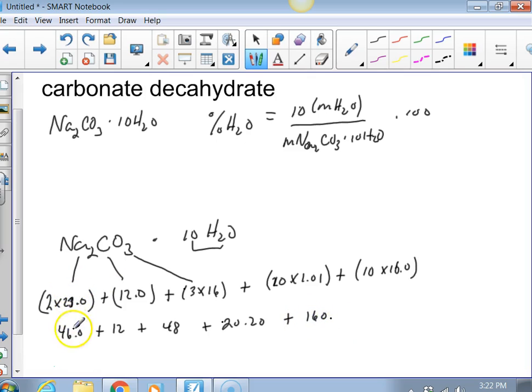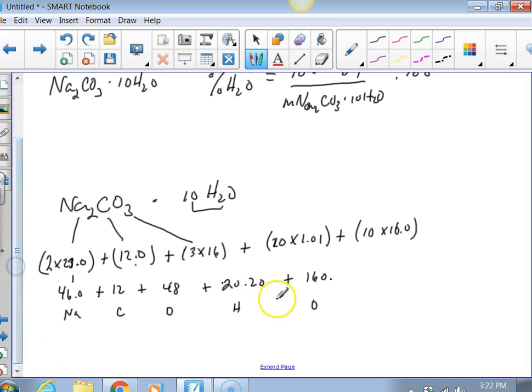Now this is the Na, this is carbon, this is oxygen, this is hydrogen, and this is oxygen again. And we could also say that this part is H2O.